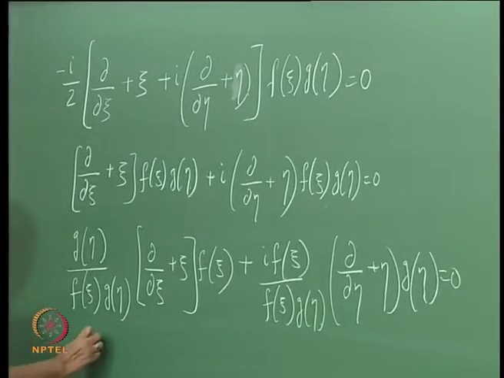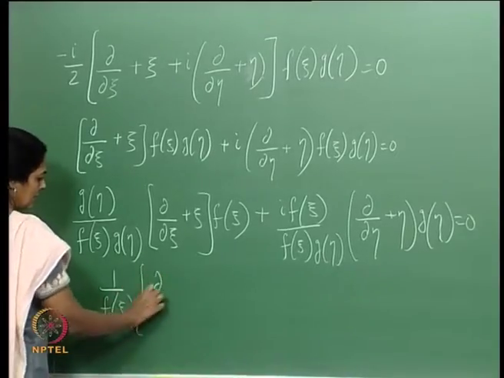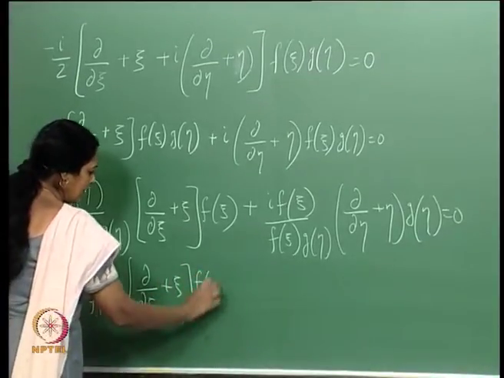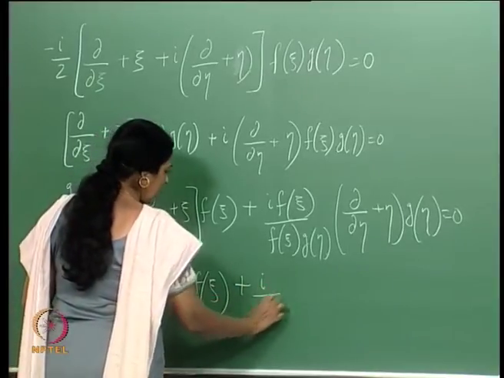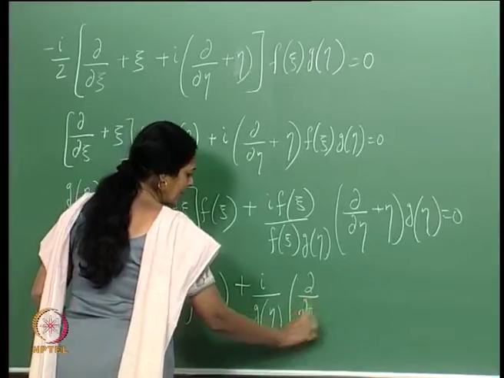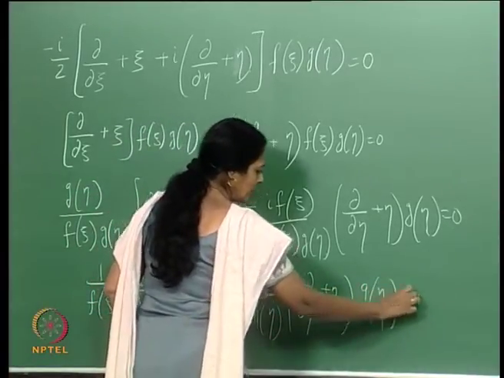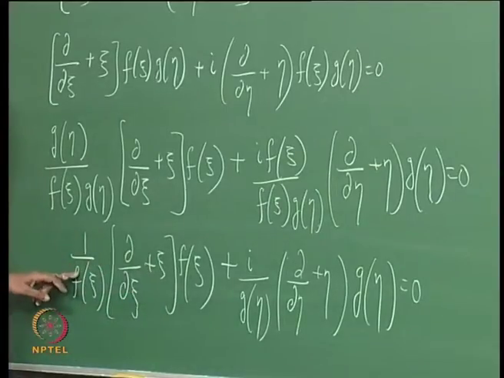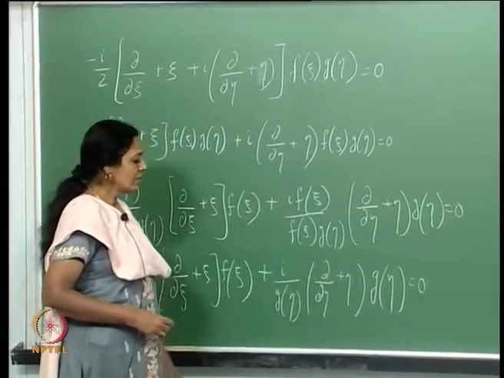So that just tells me that 1 by f of zeta, ∂/∂zeta plus zeta acting on f of zeta, plus i by g of eta, ∂/∂eta plus eta acting on g of eta equals 0. So this is merely a function of zeta, and this is going to give me a function of eta.